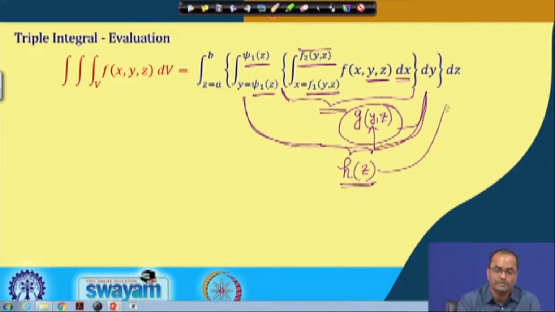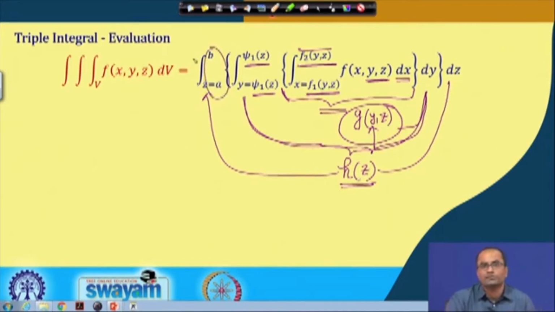At the end we will integrate this with respect to z, and now the limits have to be constant, because always remember the value of this integral is a constant, and you will not see anything of x, y and z, because we are integrating over the volume V, or over all the points x, y, z in our volume.